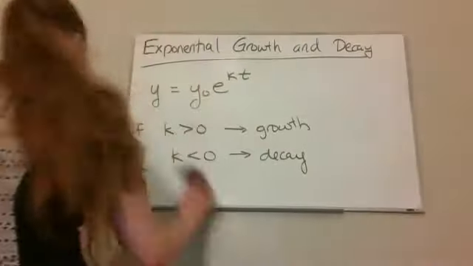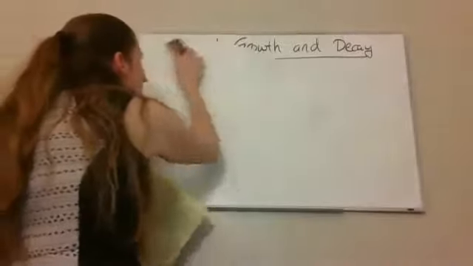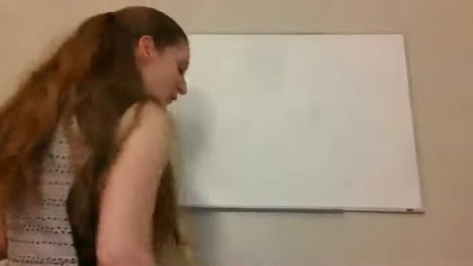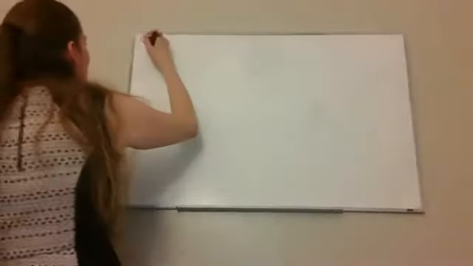And we're going to start with a compound interest problem, but it's going to be a little different than the ones we did in the previous video. So an example.